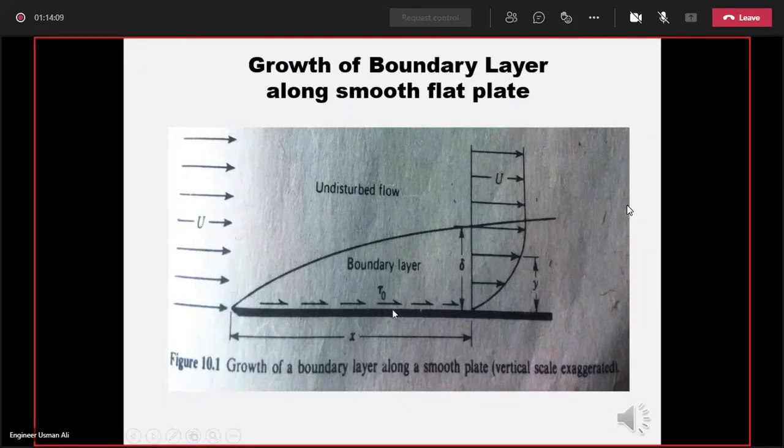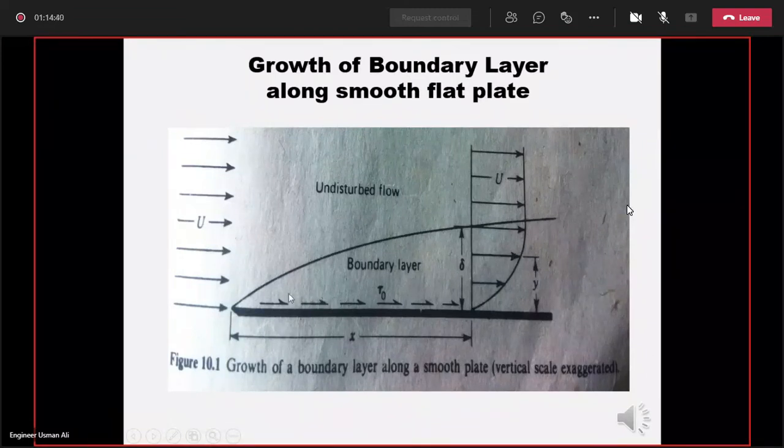A smooth flat plate is placed or immersed in a fluid which is moving with undisturbed velocity u. The point where the fluid just enters the plate or just comes in contact with the plate is the leading edge, and the point where the fluid is leaving the plate is the trailing edge, the other edge of the plate.